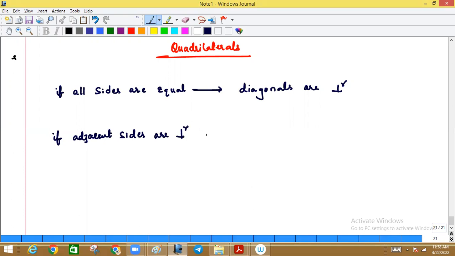If adjacent sides are perpendicular, then diagonals are equal.